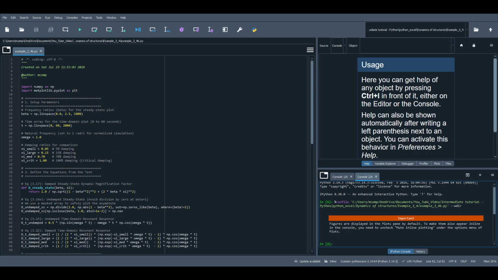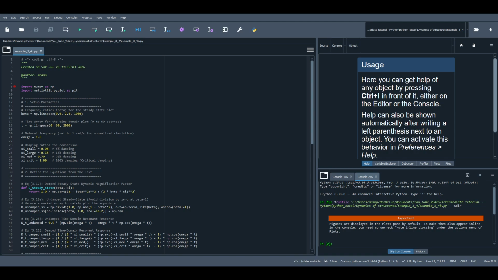We can see specifically the lines of this Python code.